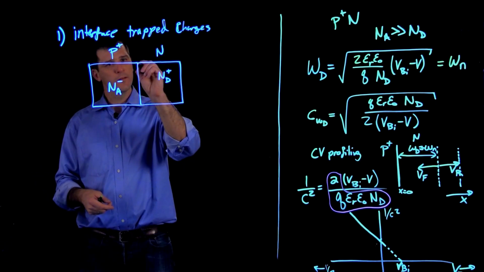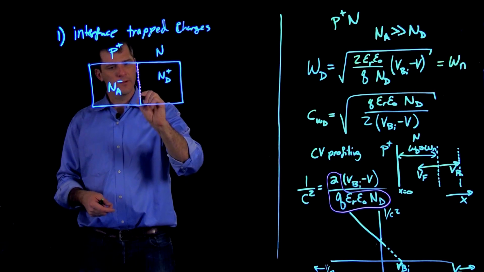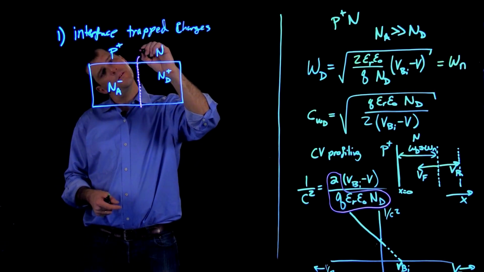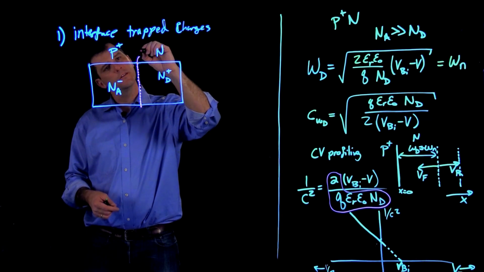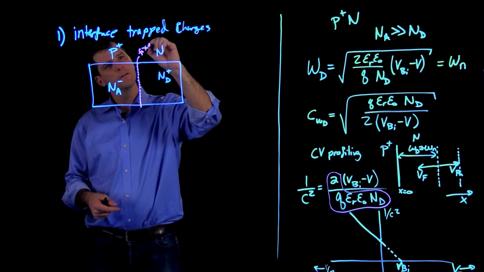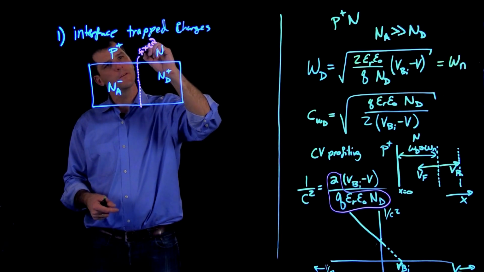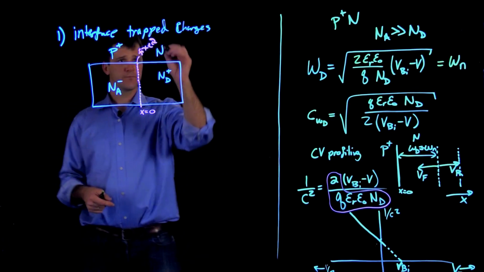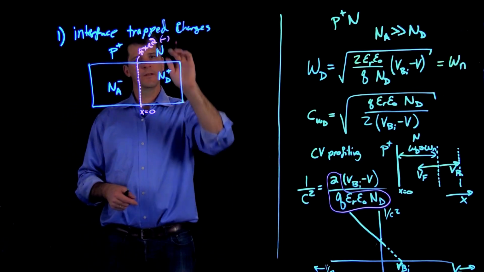And when we did that, somehow we trapped some impurities or other defects at this interface. And we're going to have a sheet charge, a charge per area fixed at that position where the metallurgical junction occurred. And let's give it a negative charge.